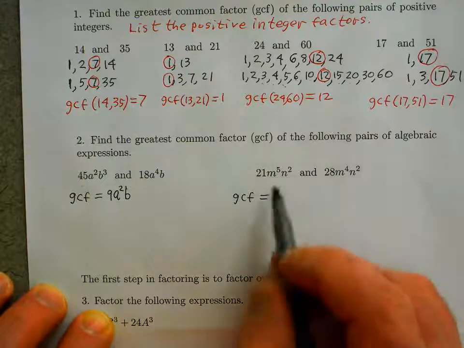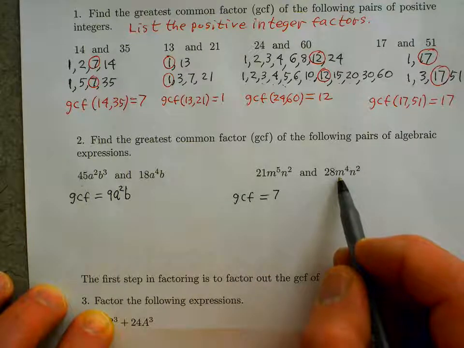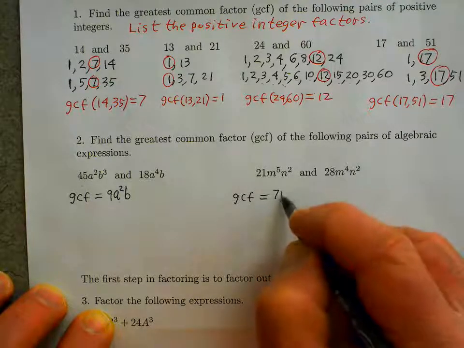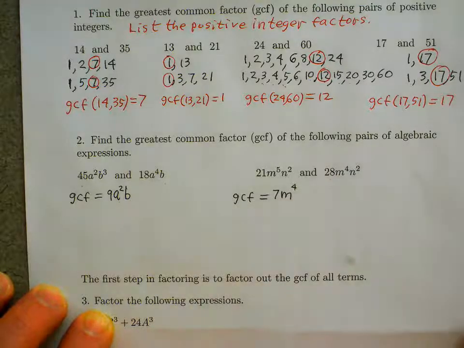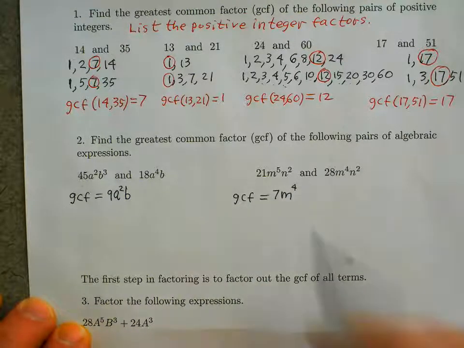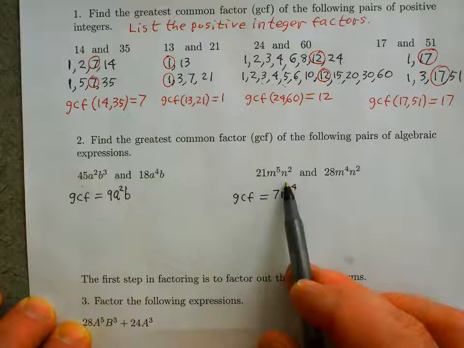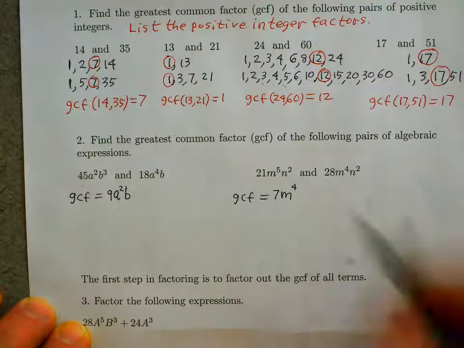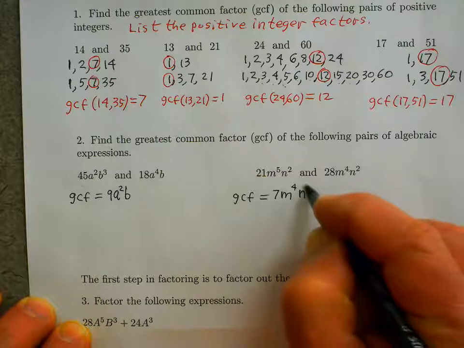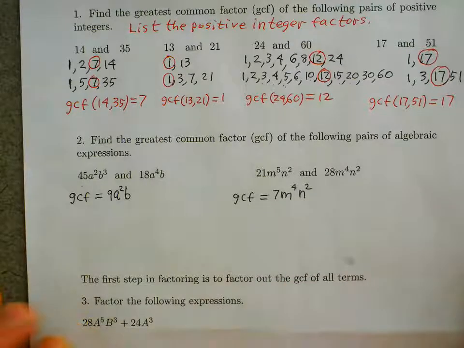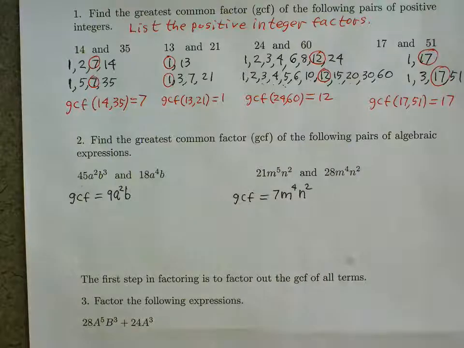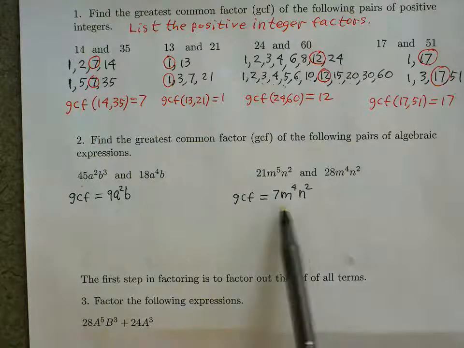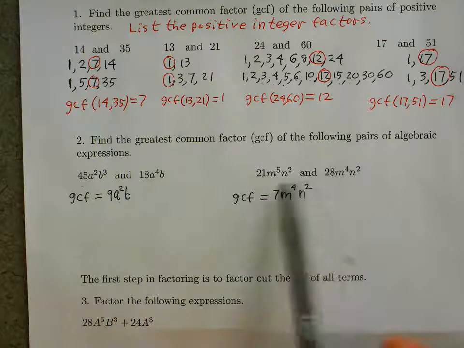So when we compare m^5 with m^4, we pick the one with the smallest exponent to be the greatest common factor. And then n^2 compared with n^2: n^2 is the greatest common factor of itself. So that's the greatest common factor of those two terms.